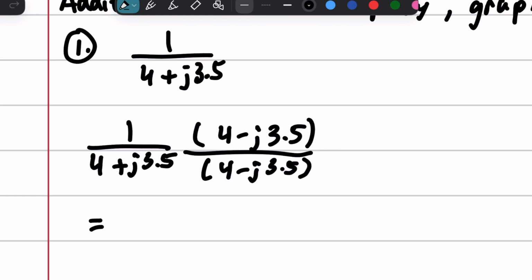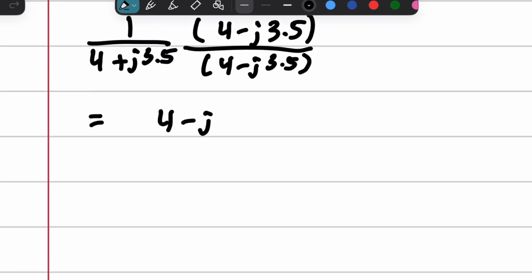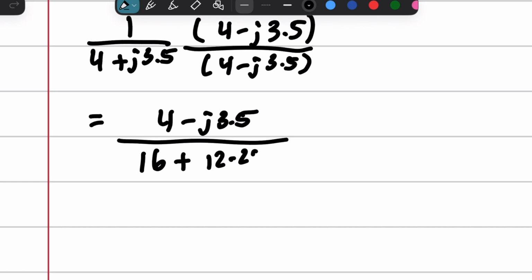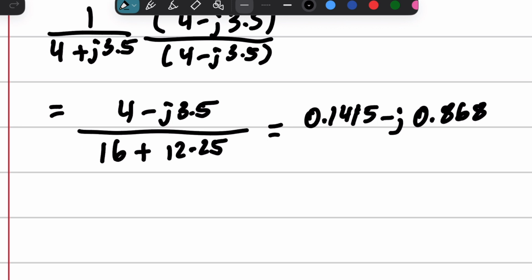And from there, we are going to get 4 minus j 3.5. And if we do our little quick thing, 4 squared is 16 plus 3.5 squared, and 3.5 squared is 12.25. And so that will simplify down to 0.1415 minus j 0.123.